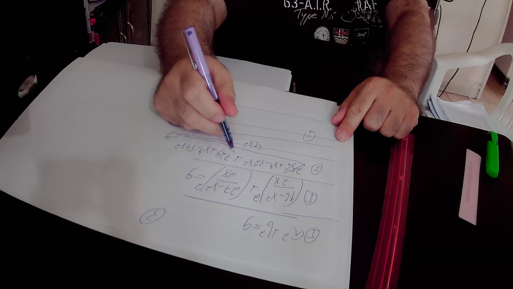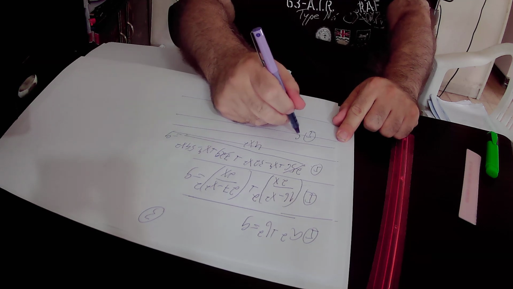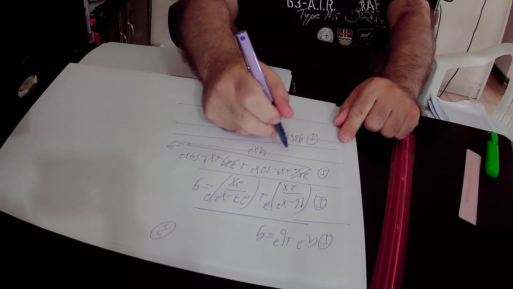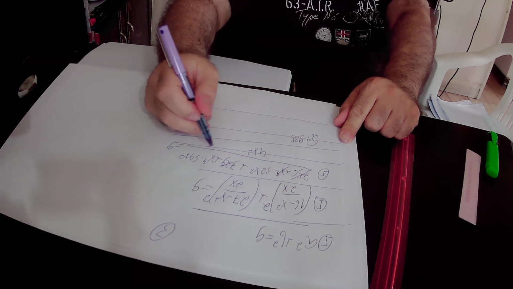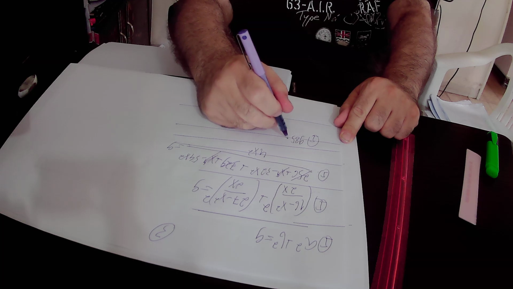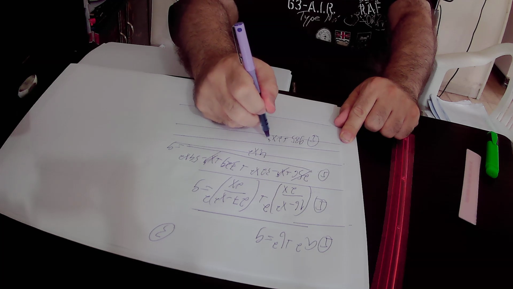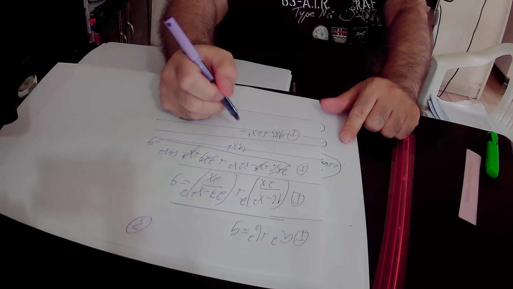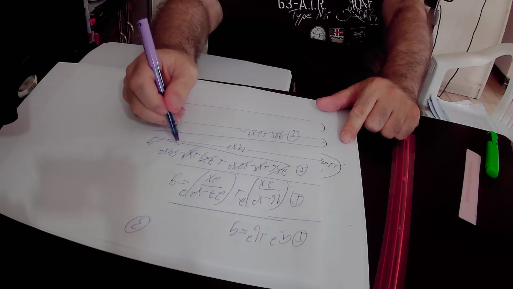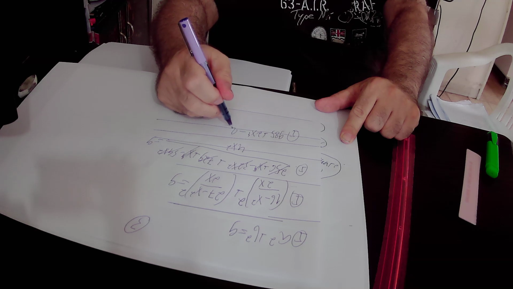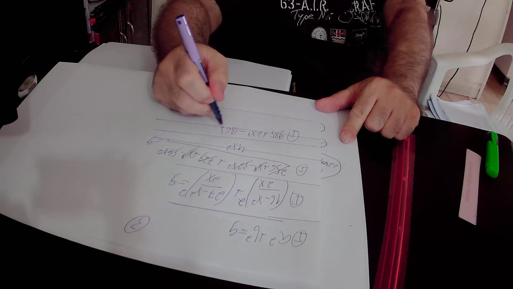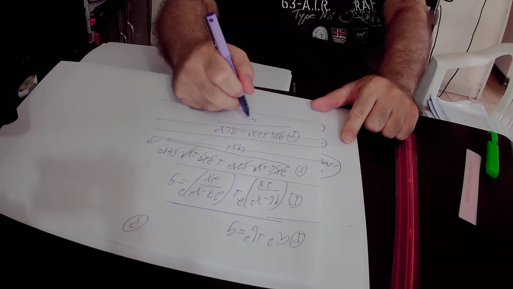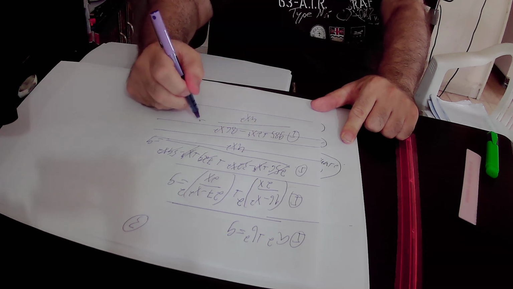So here 256 plus 729 is 985. X to the power of 4 plus x to the power of 4 is 2 times x to the power of 4, and minus 32x squared minus 54x squared is minus 86x squared, all divided by 4x squared, and it is equal to 9.